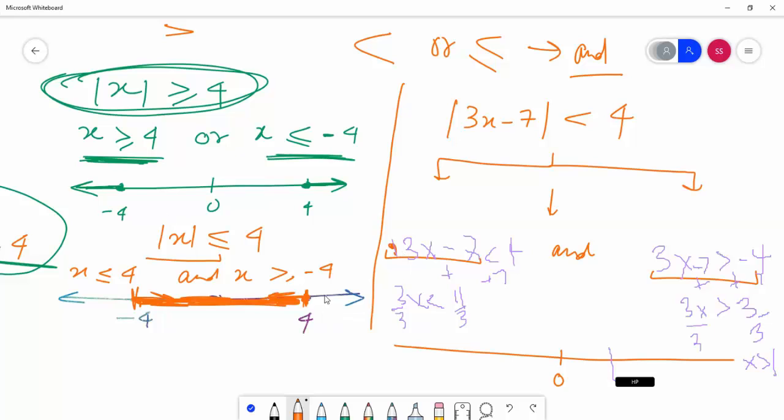So how much are the values? x is greater than 1 and x is less than 11 over 3. Yeah, that is nearly how much? 3 point something, right? Yeah. And then this is 1 and this is 3. Okay, we're just going to say that's 3. And they both have hollow circles, right?